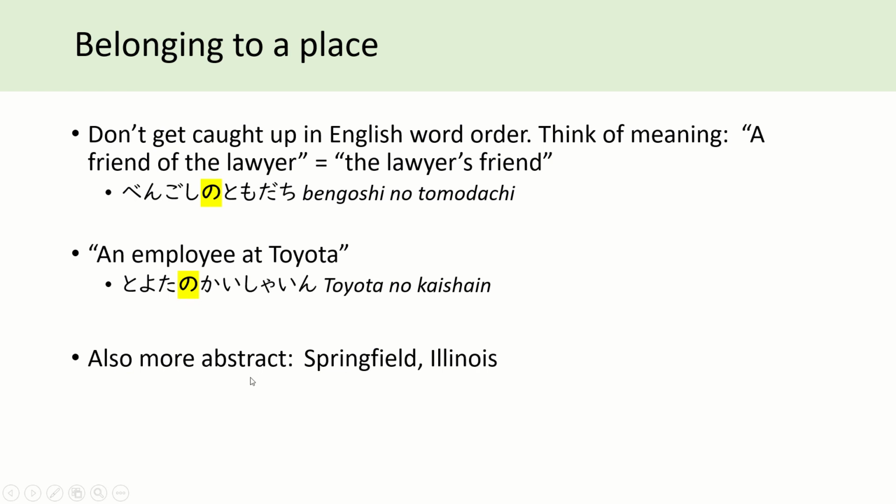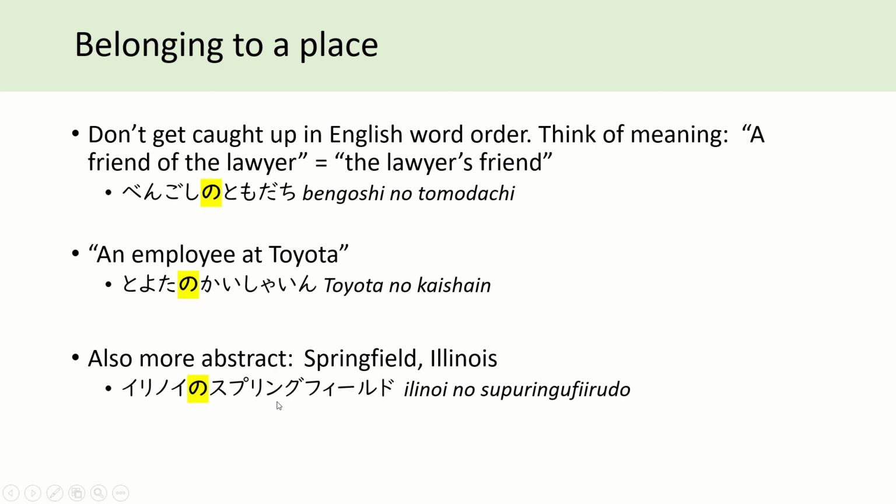And then even much more abstract, so Springfield, Illinois, as opposed to Springfield in any of the other states where Springfields exist. So we can say, oh, the Springfield belonging to Illinois, or Illinois' Springfield, which in Japanese would be Illinois no Springfield. So Illinois no Springfield would be Springfield, Illinois.